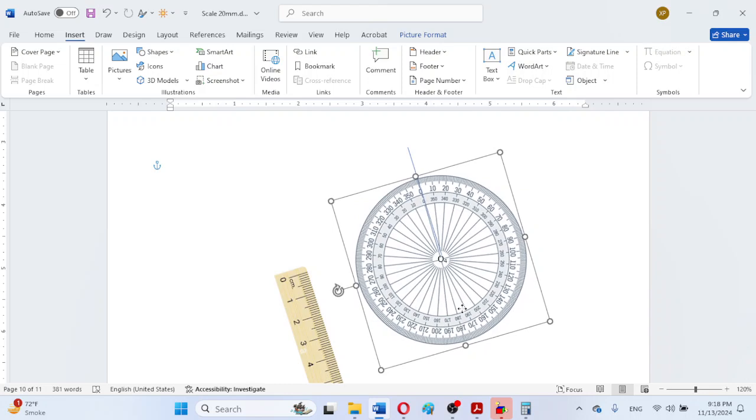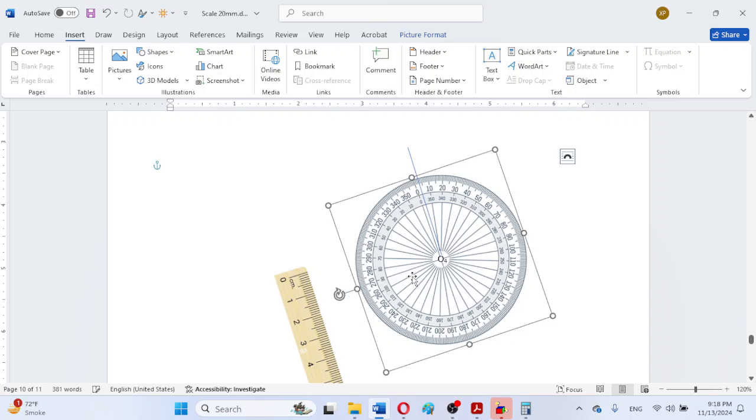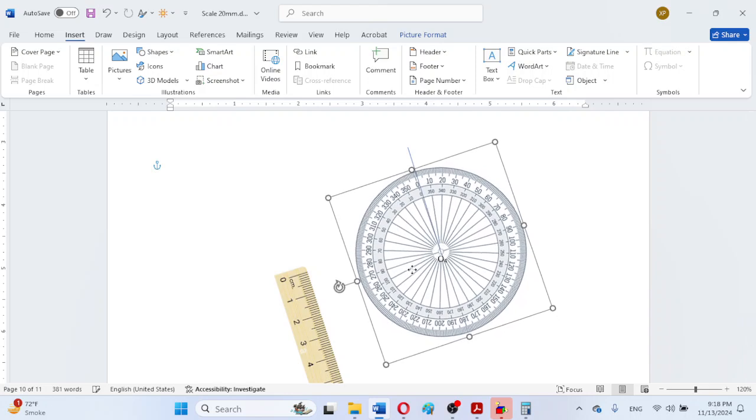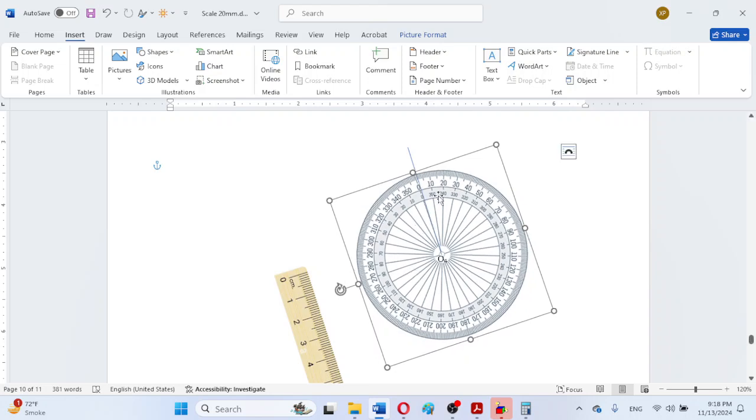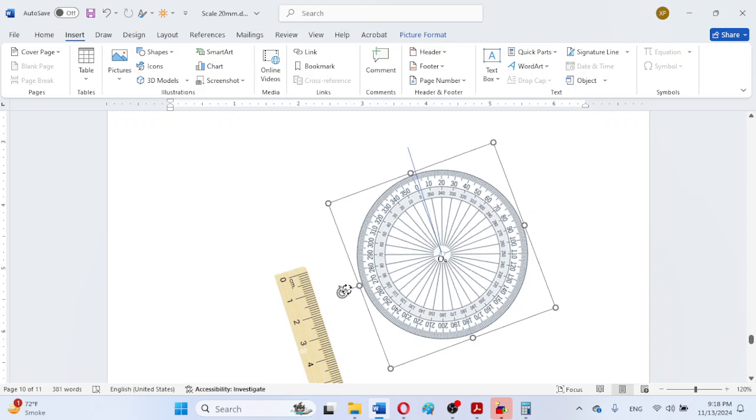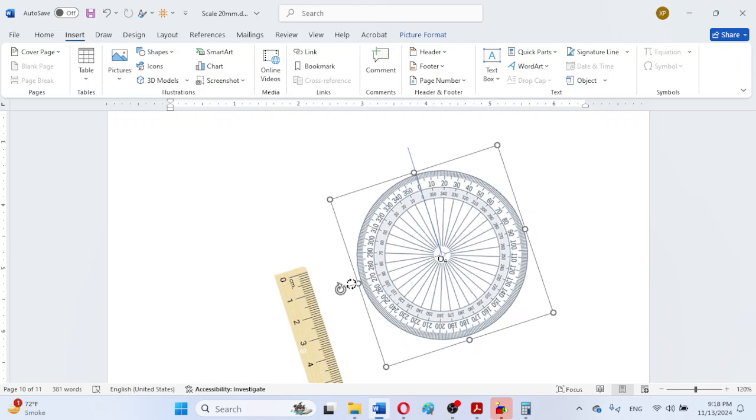This zero line center of the protector should be exactly matching here. So now we can observe that this is 100 degrees.